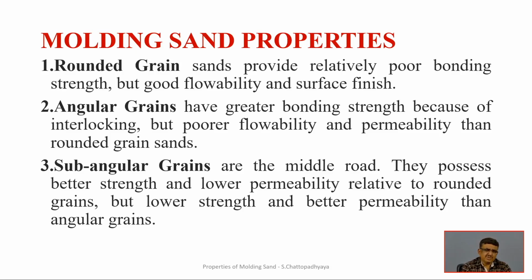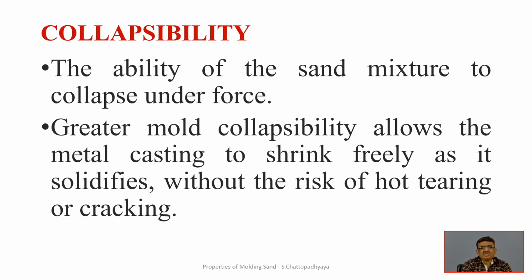So, one has to critically examine the physical characteristics of those grains if at all possible, but beyond some range it is not at all easy to control the percentage of grains with features that are not intended for the right kind of casting. So, collapsibility is another property, another difficult property, because where the strength is maintained, we also want collapsibility. Collapsibility is the opposite of the retention of strength.